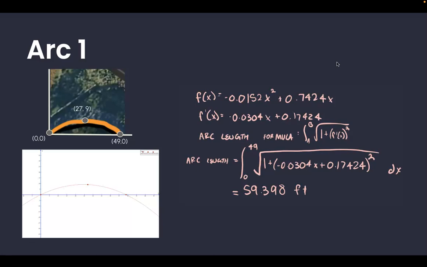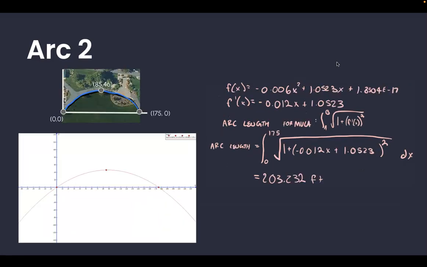So I was able to plug all these numbers in. Since my arc ends when x is 49, I took the integral from 0 to 49 of the square root of 1 plus f prime squared dx, and my answer was 59.398 feet.